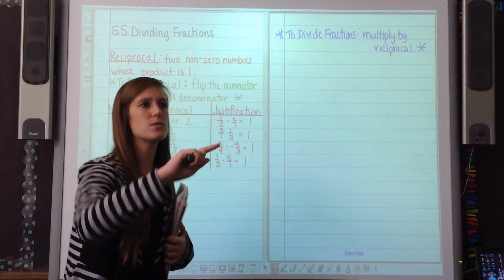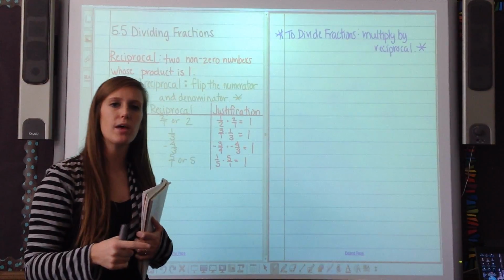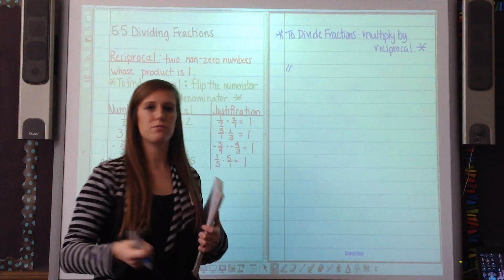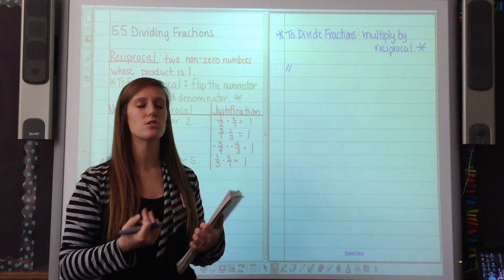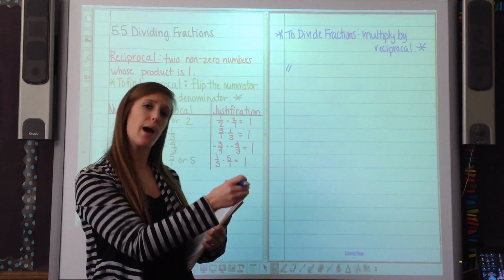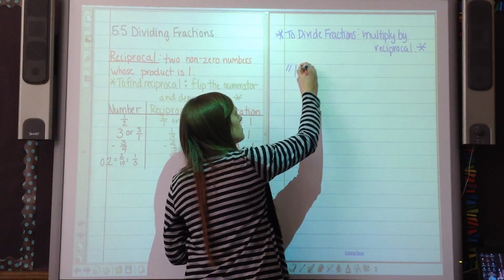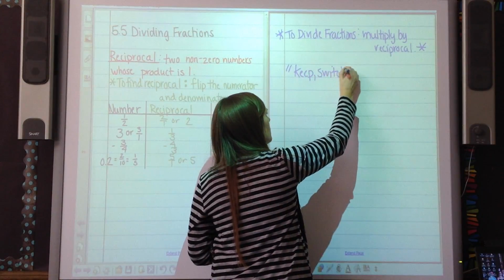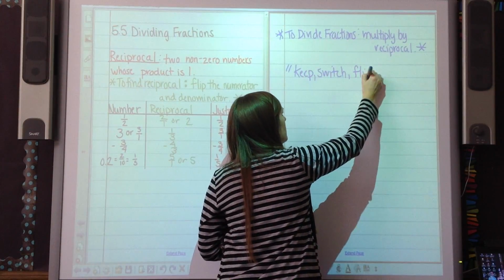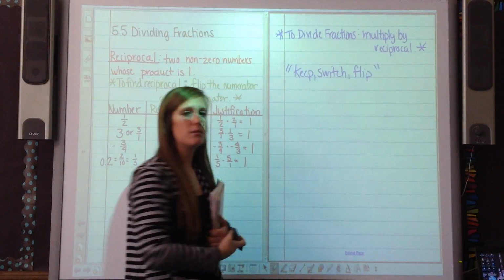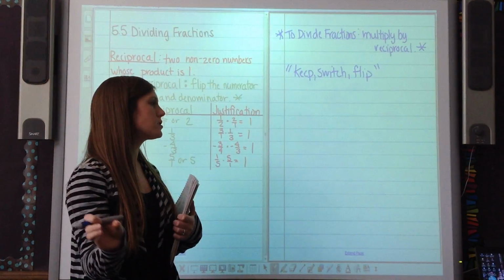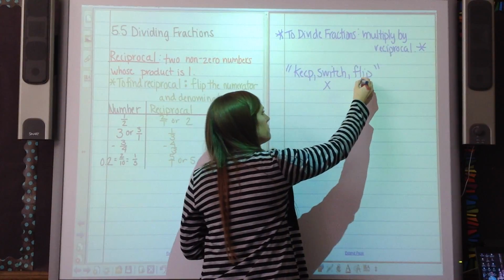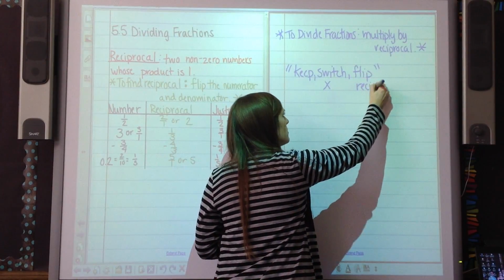You're always going to take the reciprocal of the second number. And to remember that process, we're going to use the phrase keep, switch, flip. Again, it sounds familiar from integers. With integers, we use keep, switch, opposite. Here, we're going to use keep, switch, reciprocal. Keep the first fraction, switch to multiplication, and flip is the reciprocal.